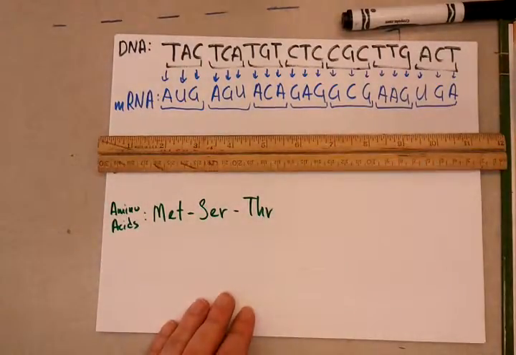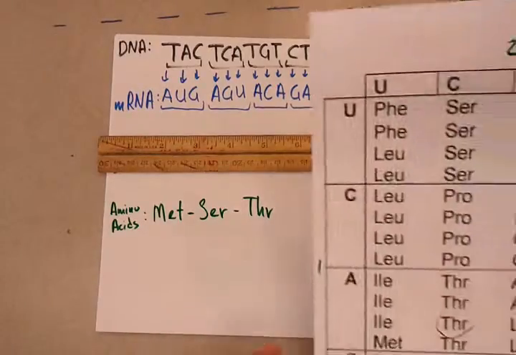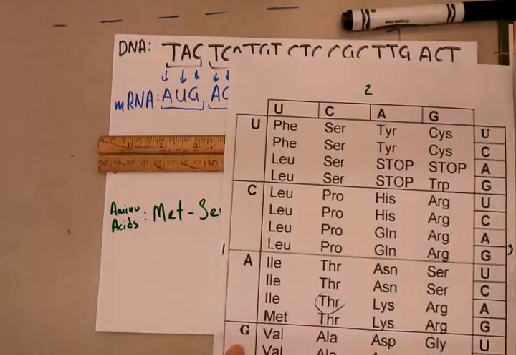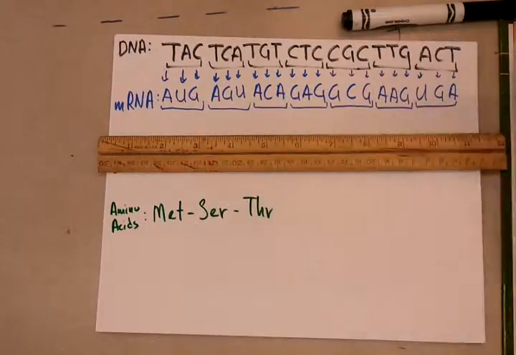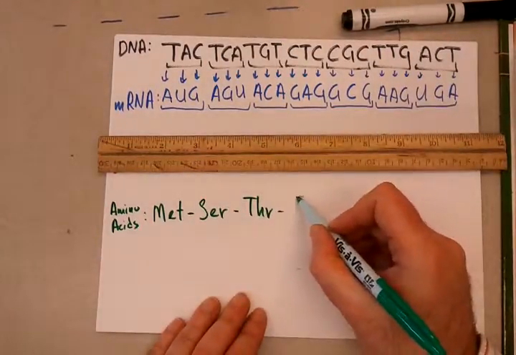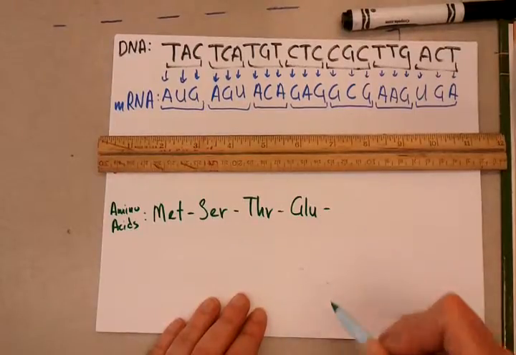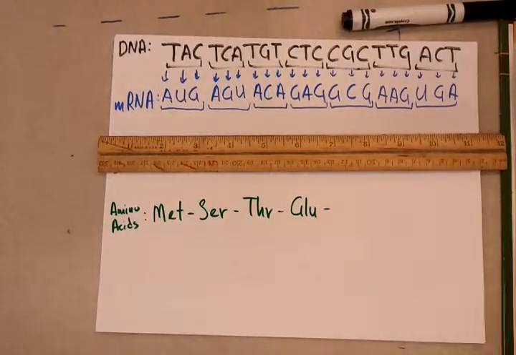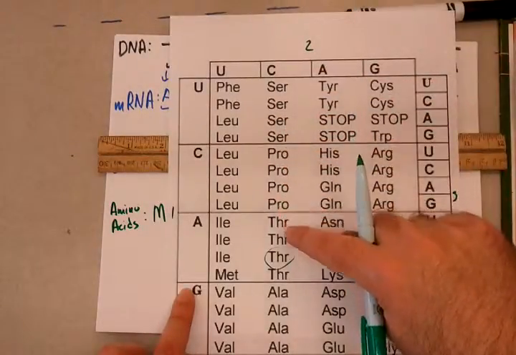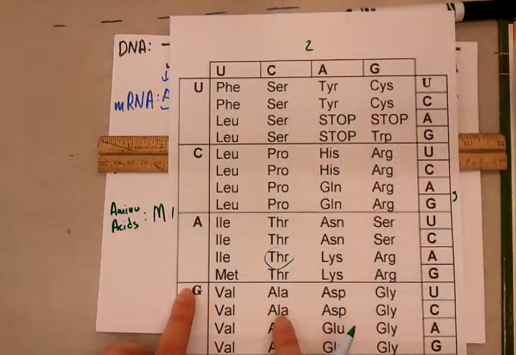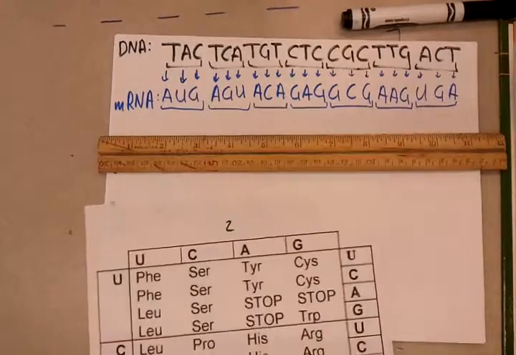Next we have GAG, G-A-G, GLU. Next we have GCG, G-C-G, right?